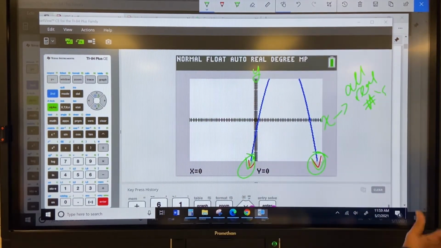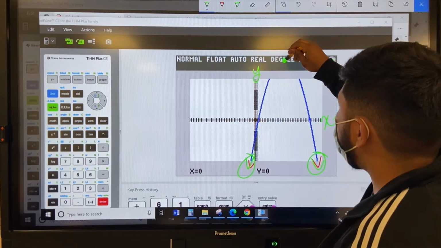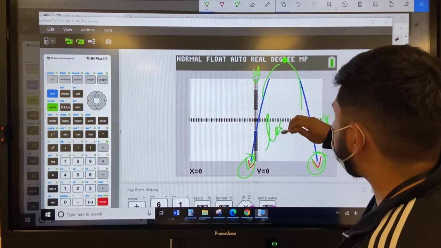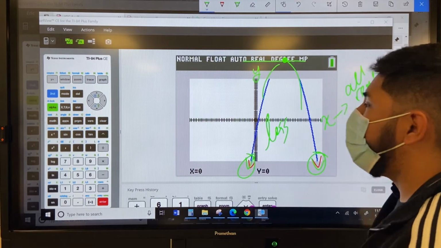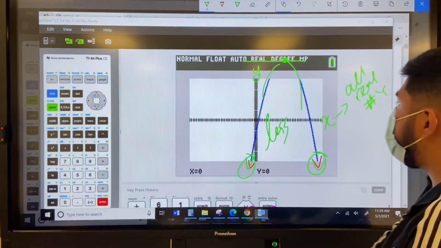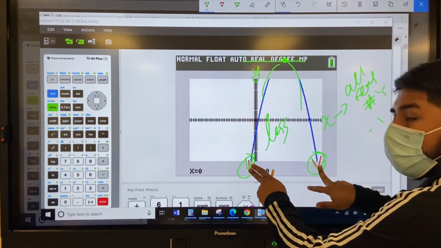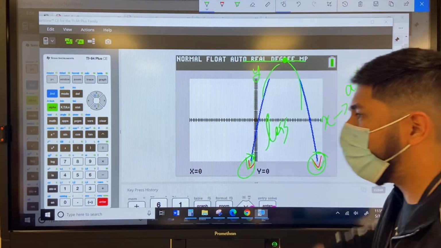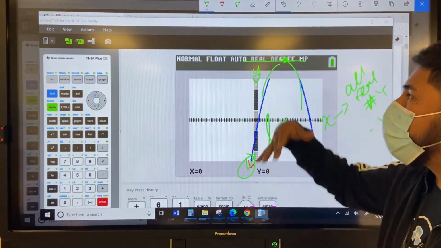What about the Y, my range? Wherever this point is, it's going down, so I know it's less than whatever number that is. So, very straightforward. Domain, all real numbers, with two arrows. My range is wherever the graph is heading towards, whether it's less than or greater than.